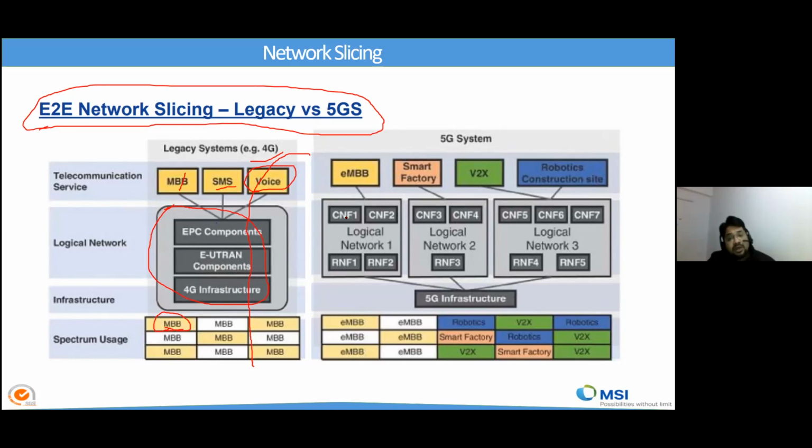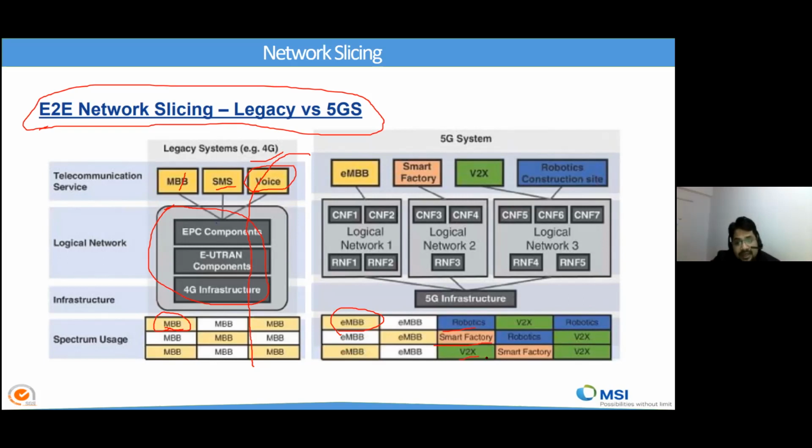But when we talk about the 5G system, since 3GPP has already defined the concept of network slice, here we can see that there are different use cases like eMBB, enhanced mobile broadband, and smart factory or robotics. These use cases come under the category of URLLC, ultra reliable low latency communication, right?